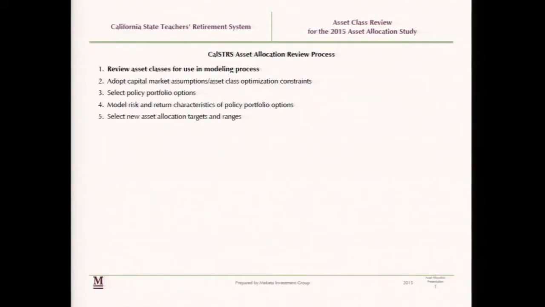Slide 1 of our presentation shows the rough 5-step process that you have to enact asset allocation policy. Today's presentations relate only to the very first of those 5 steps, which is reviewing the asset classes that are being modeled on your behalf. And as Stephen mentioned, there are some modest differences between the types and numbers of asset classes that Makita will be modeling and the types and number of asset classes that PCA will be modeling.